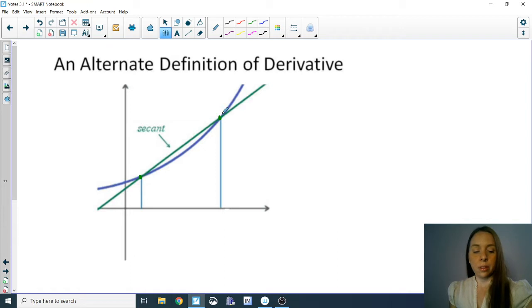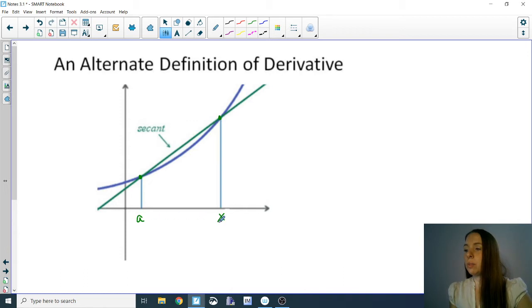All right, now the difference today with what we're going to do is we're going to just label these points a little bit differently. In the first video, we labeled this as x and this as x plus h, the x coordinates. Today, we will label this x coordinate as a and this x coordinate as x.